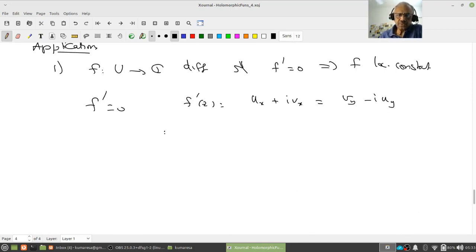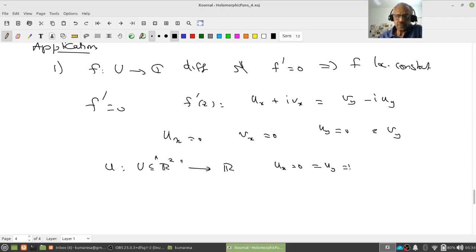Therefore, this means ux must be 0, vx must be 0, uy must be 0, and vy must be 0. Therefore, if I think of u as a function from R2, a function of two variables, to R, then its partial derivatives ux and uy are 0. So immediately we would conclude u is constant, but that's not true.